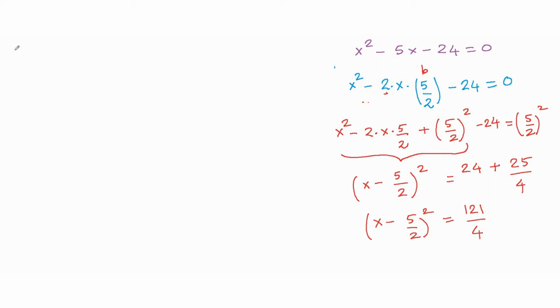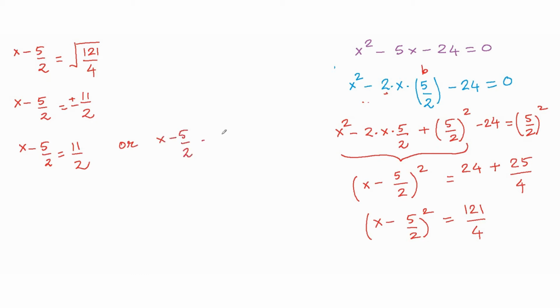And now I can find the square root on both sides. So x minus 5 by 2 is equal to square root of 121 by 4, which means x minus 5 by 2 is 11 by 2, of course with a positive or negative sign, which means x minus 5 by 2 is 11 by 2, or x minus 5 by 2 is minus 11 by 2.